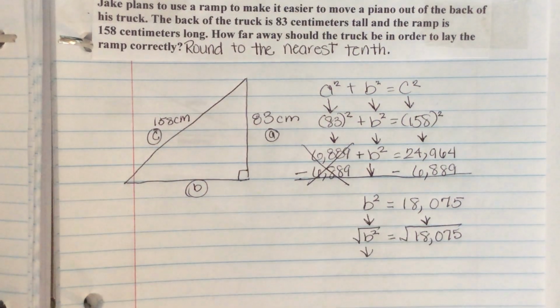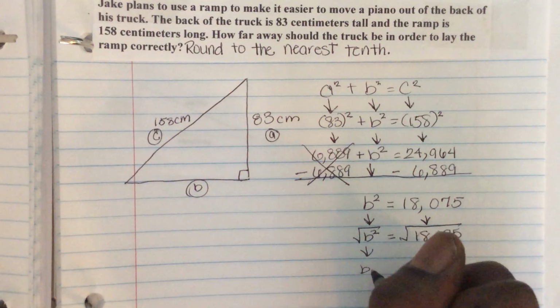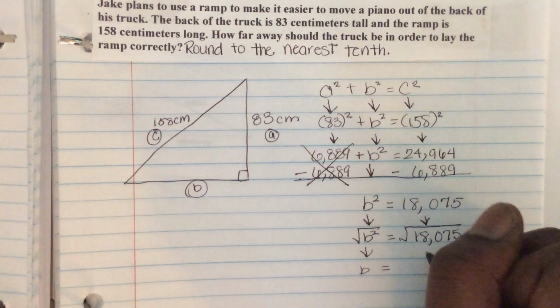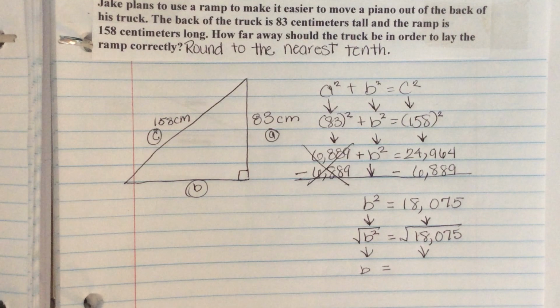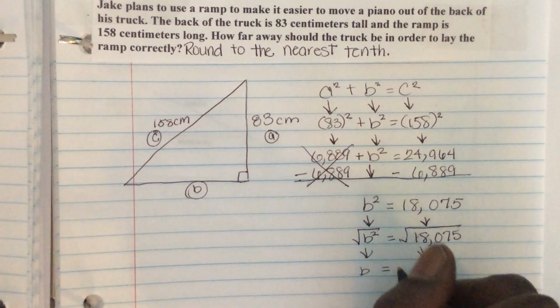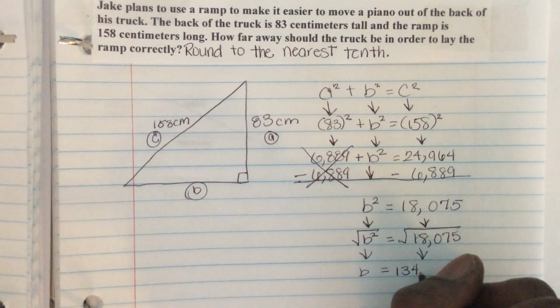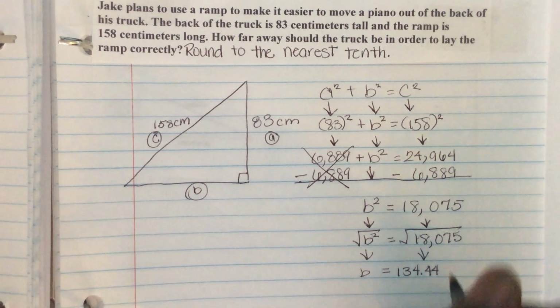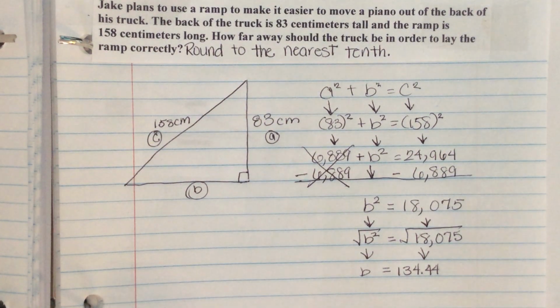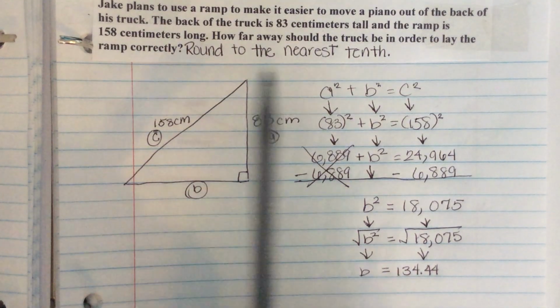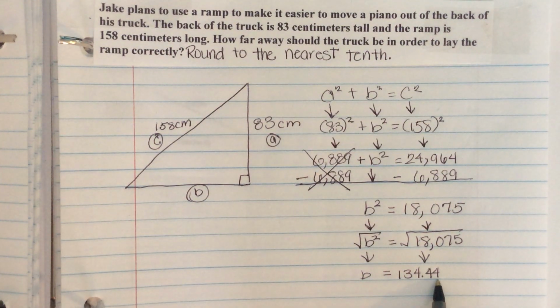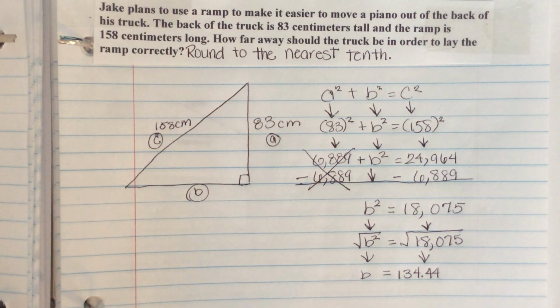And of course, the square root of B squared is just B. The square root of 18,075 is a very long decimal. It gives you 134.443297. But since the problem said to round to the nearest tenth, I'm going to stop here for a second, and I'm going to stop at the hundredths.